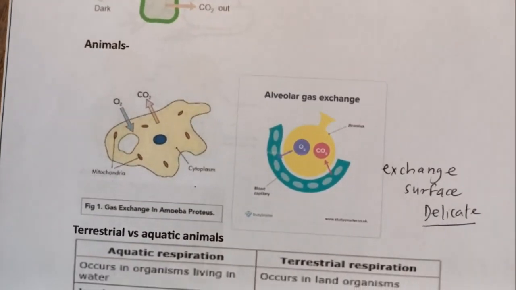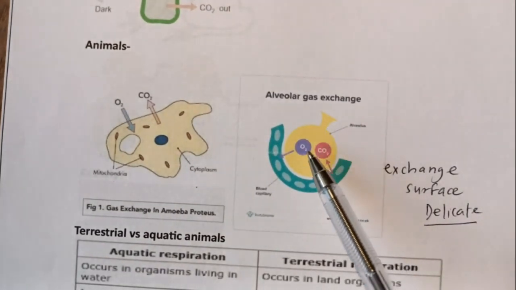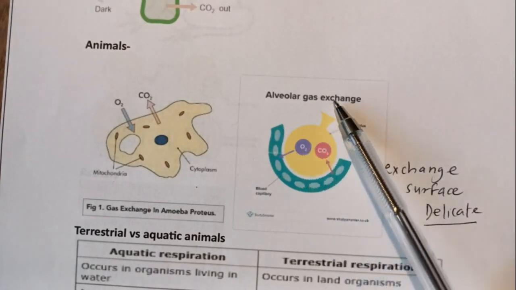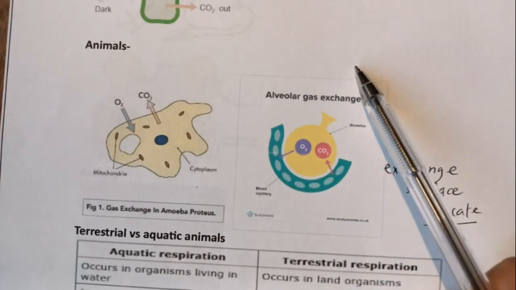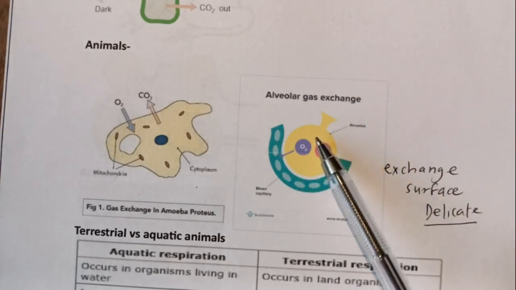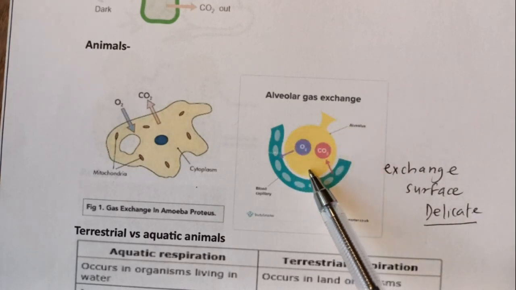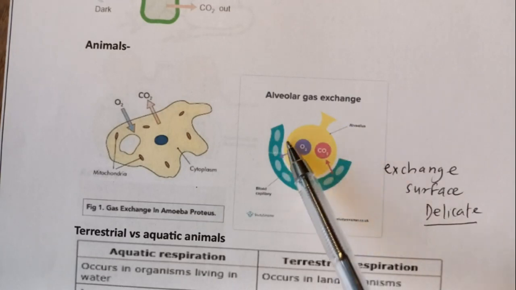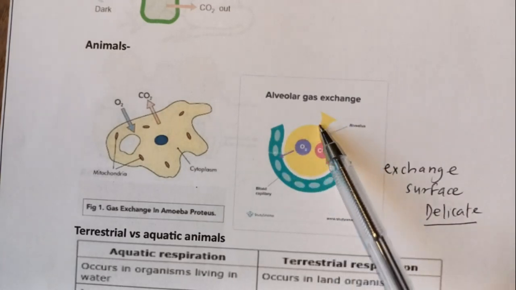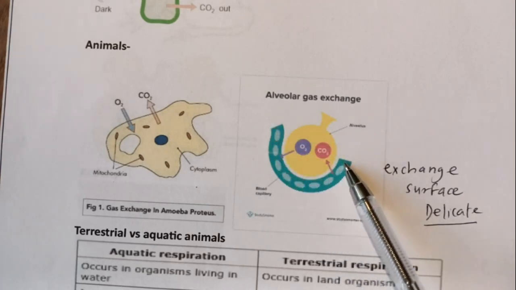Whereas in more advanced animals, the oxygen will be brought to the blood vessels through a system of canals and tubes, and in the end there will be a balloon-like alveolus that will increase the surface area of contact between the air and the blood.